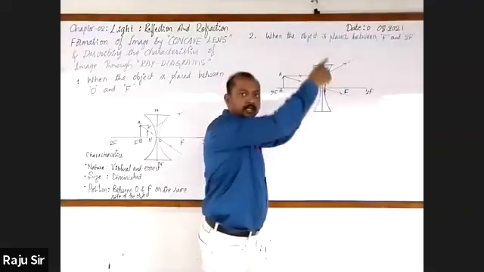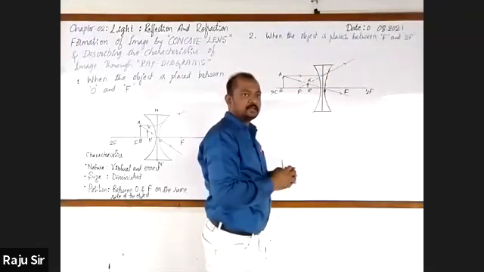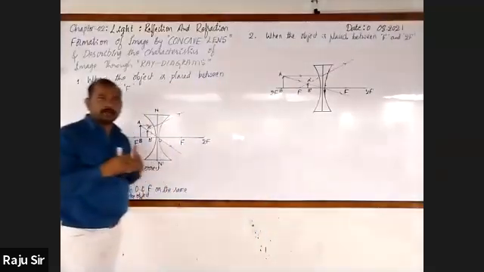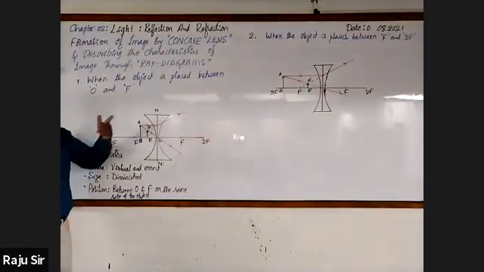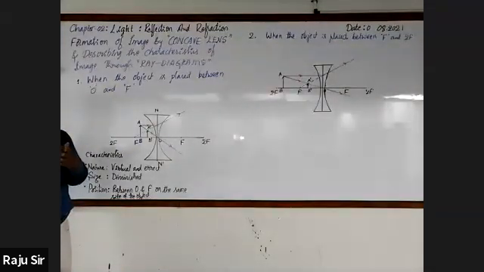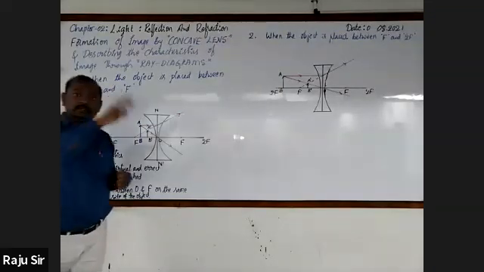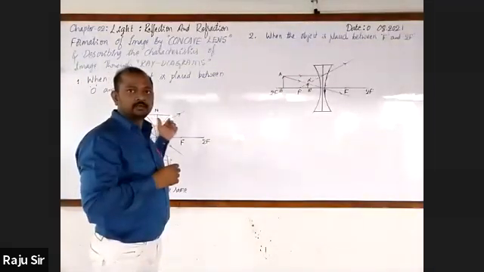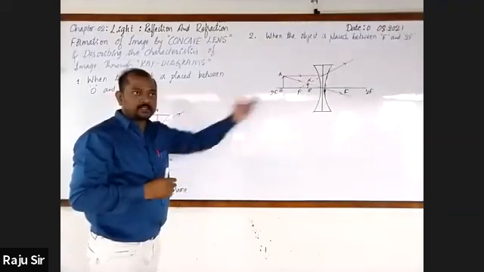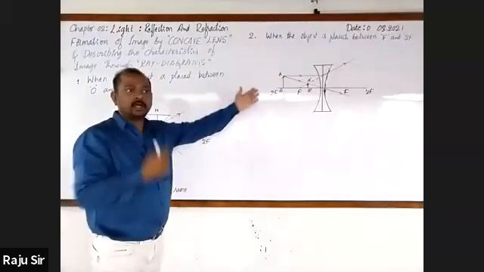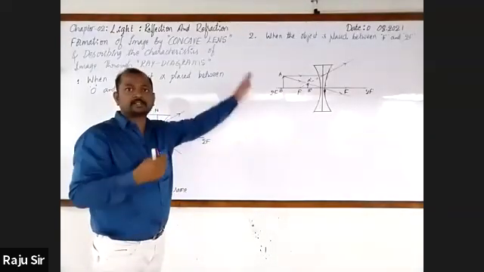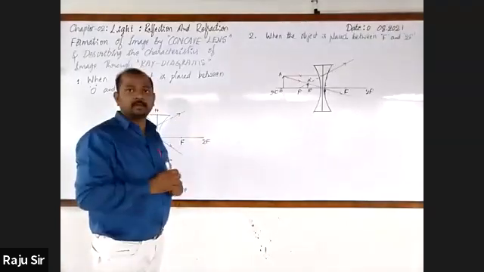When you think that here is a concave lens, if I start moving away from it, will the height of the image go on decreasing or increasing? Decreasing. As the distance increases, the size of the image decreases. Remember.